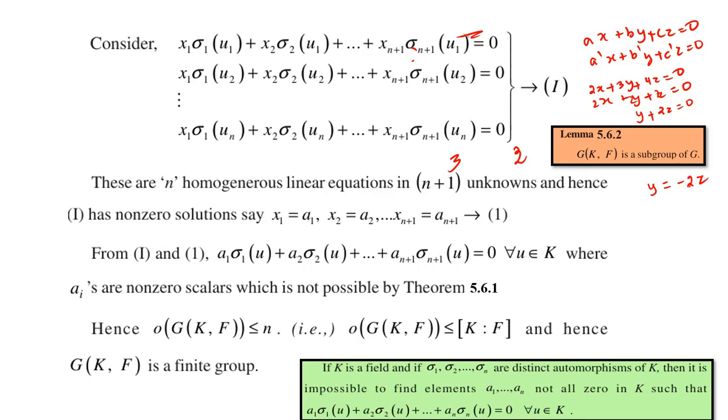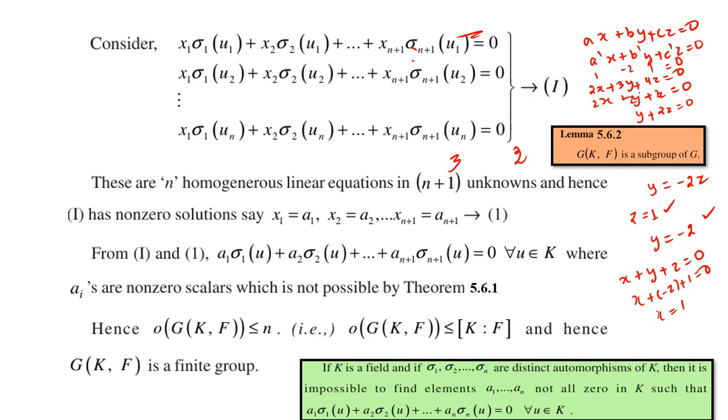You can give a value for z, say 1. So y will be equal to minus 2. Substituting them in x plus y plus z equal to 0, you have x plus minus 2 plus 1 equal to 0. So x is 1.